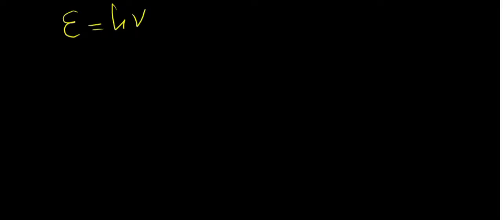So whenever an electron is moving from one energy level to the other, we can calculate the energy of the photon if we've been given the frequency of that photon. Now we know that velocity is given by wavelength times frequency. We use this symbol for frequency instead of using F. Let's make frequency the subject of the formula.